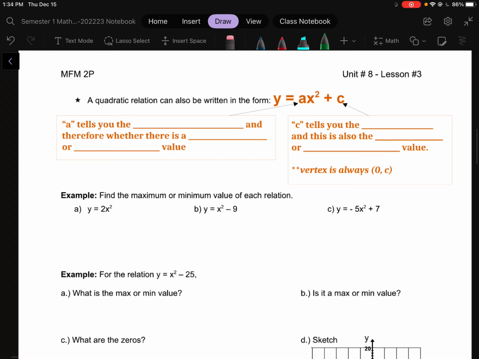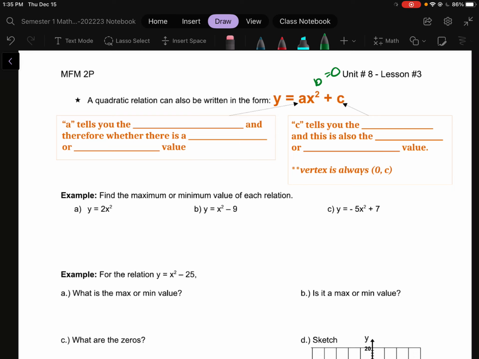So all of that shows us that we can solve for the max or min based off of our information. We can also write a quadratic relation in the form y equals ax squared plus c, where b is equal to 0.